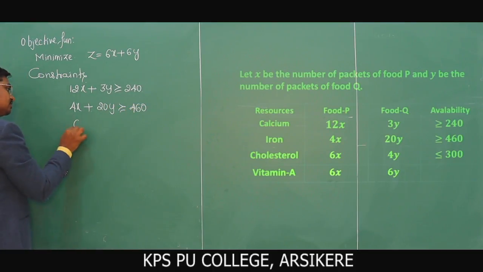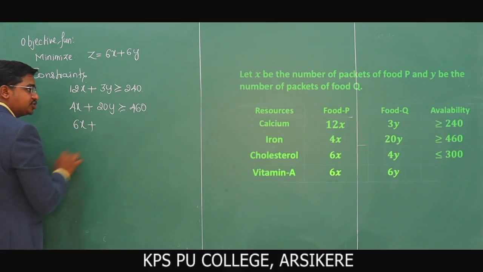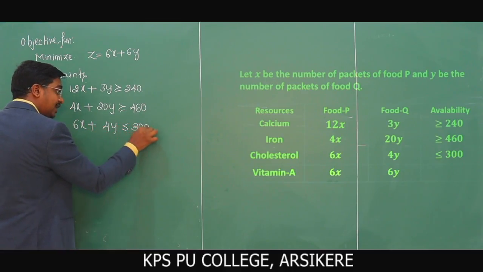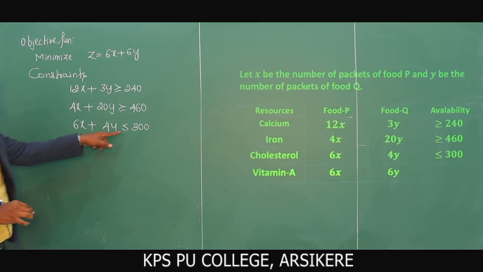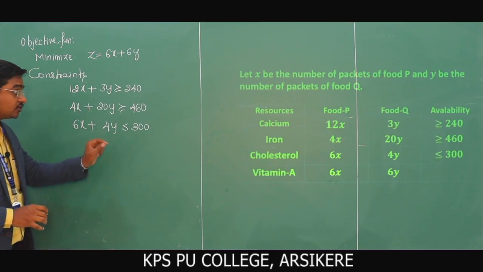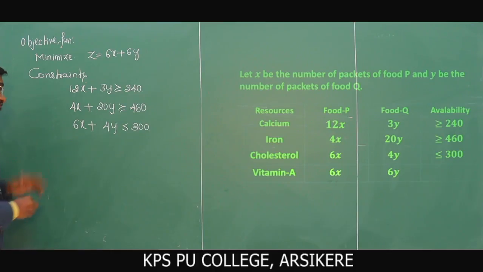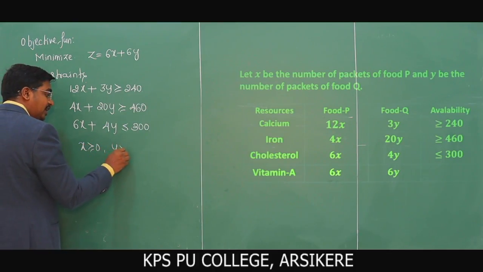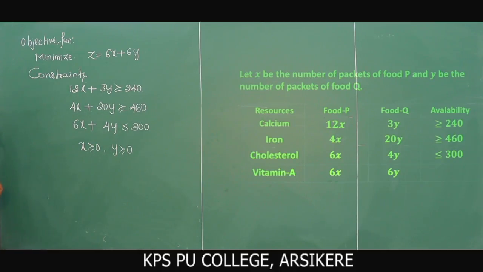And the third one, for cholesterol: 6x plus 4y is less than or equal to 300. Just observe here, less than or equal to, because this is the maximum amount, 300 units. And also x greater than or equal to 0, y greater than or equal to 0, because they are non-negative constraints. So this is our objective function, this is our constraints.